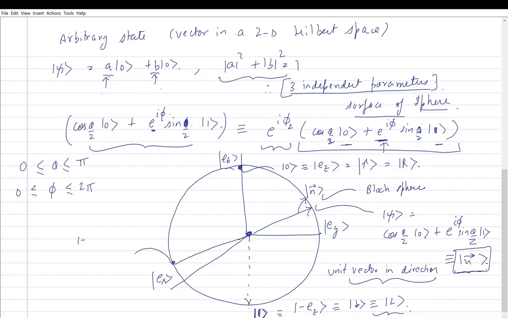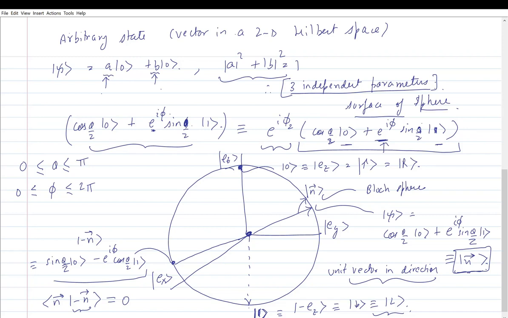This is going to be minus n, or this guy is going to be sine theta by 2 |0> minus cosine theta by 2 e to the i phi |1>. Mind you, in this convention I have n orthogonal to minus n. That's just a way of representation. It's not the minus sign, it's the label. So the inner product is going to be 0. They are orthogonal states.